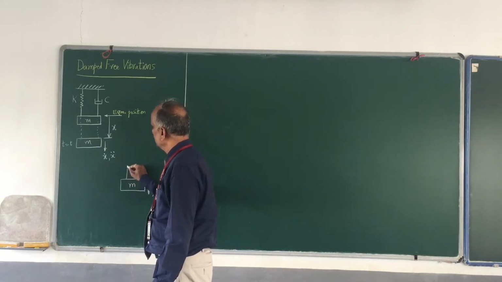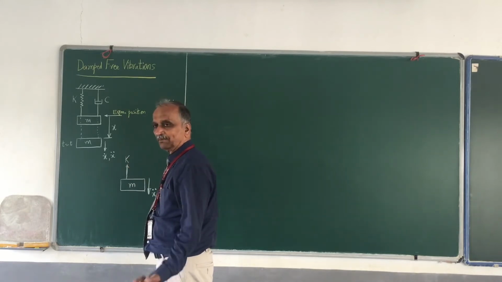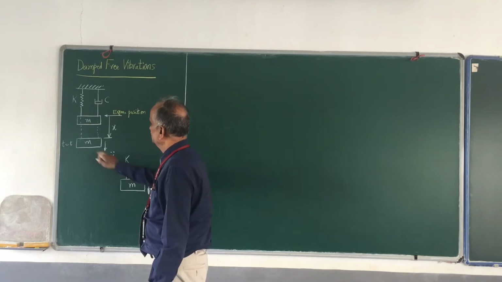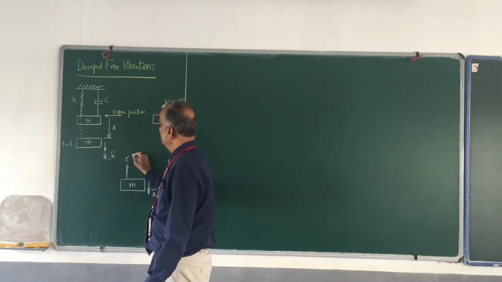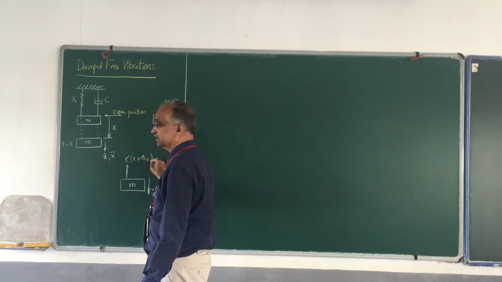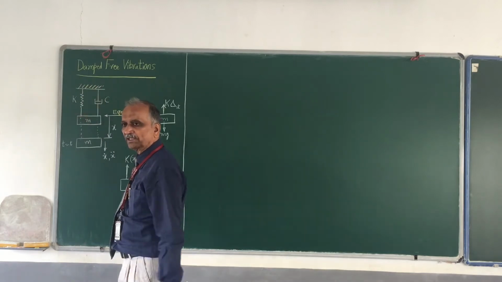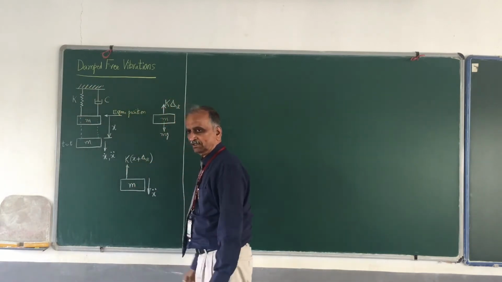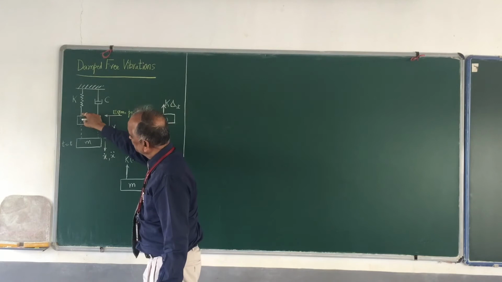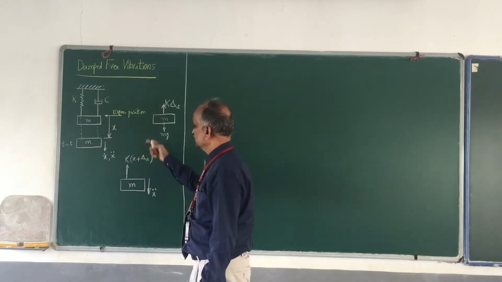The spring, which is trying to pull it up, equal to k multiplied by whatever the extension of the spring. In this position, what is the extension? It is not only x, it is x plus delta st. That is the total extension, because in this position also the spring has already undergone an extension of delta st, plus from here to here another x.